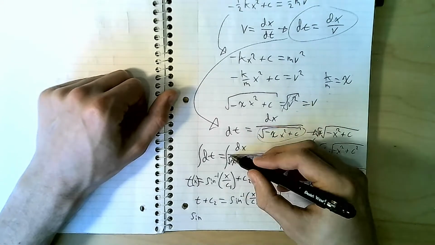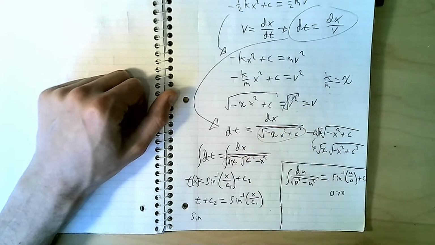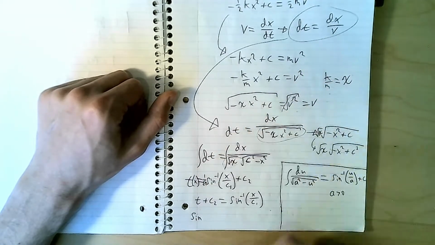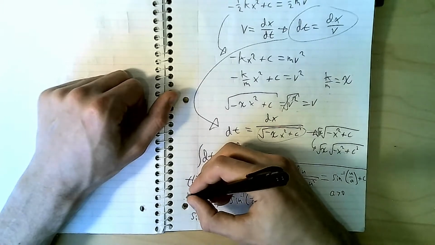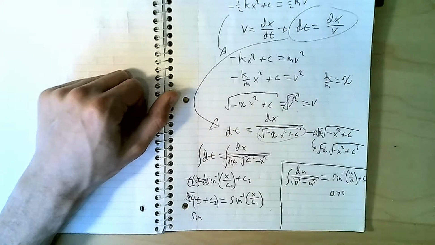I lost a chi here. I lost my square root of chi. This square root of chi was supposed to be out front. Sorry about that. There. So I'm multiplying this by the square root of chi.